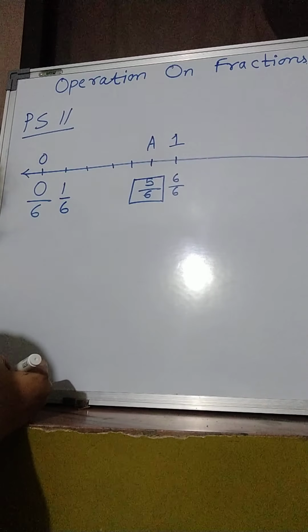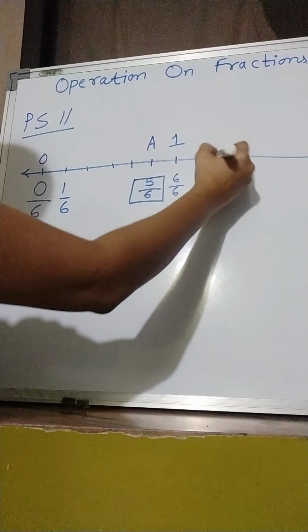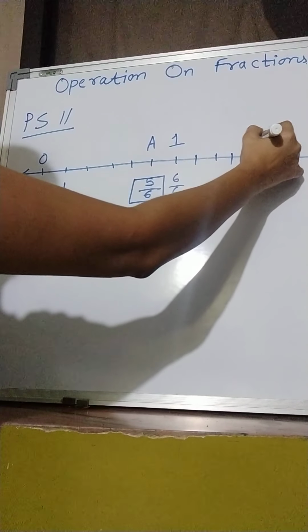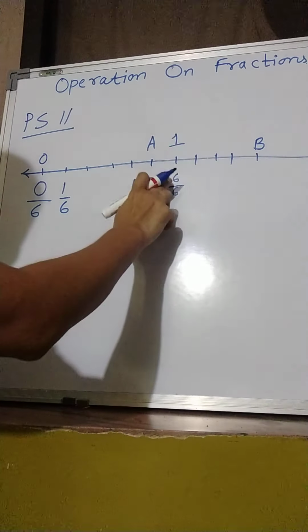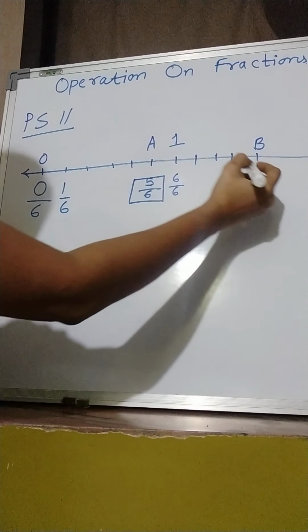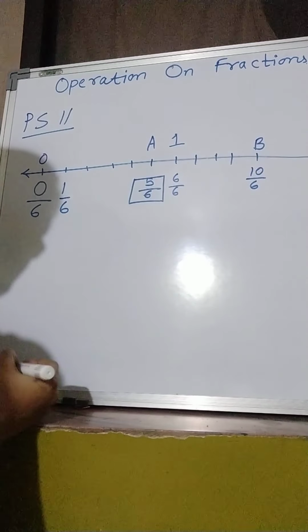Okay. Next, 3 lines are there: 1, 2, 3. Then your B is there. Now after 6 which number is coming? 7, 8, 9. Then here 10 upon 6.